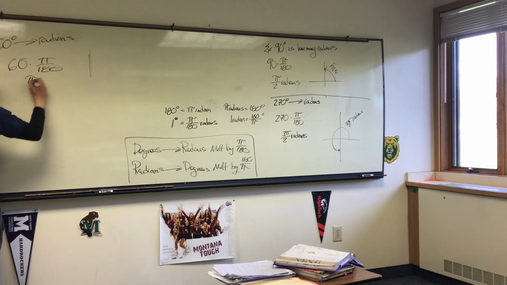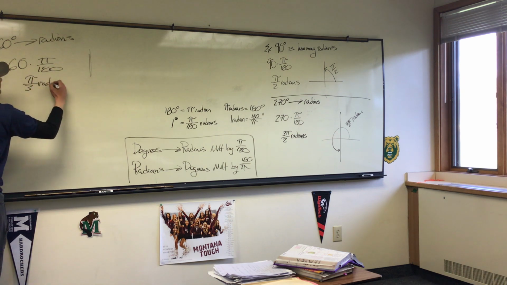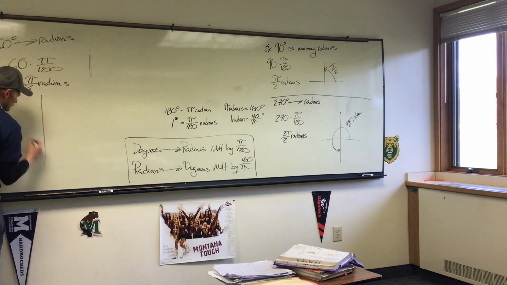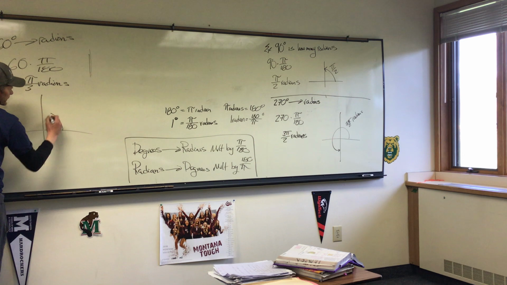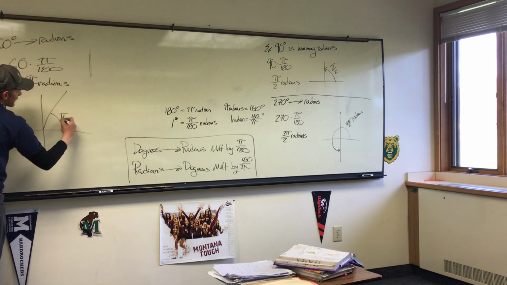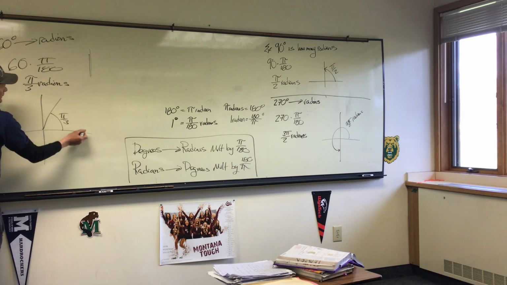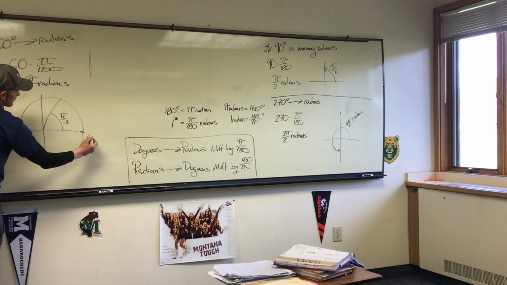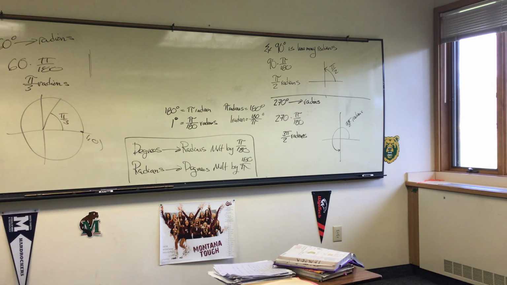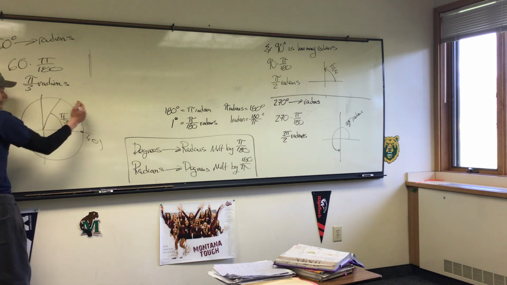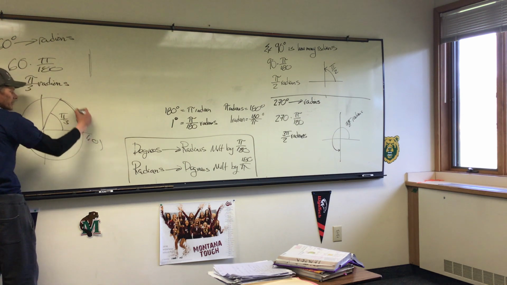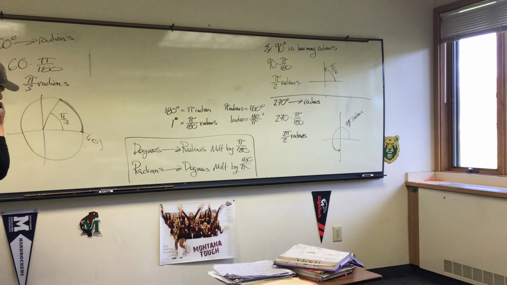Pi over 3. 60 is right about there somewhere. This is pi over 3 radians. Okay? And this is pi over 3 radians, but this is the length of this arc as well. You can see that you need 6 of them to get 2 pi. Right?